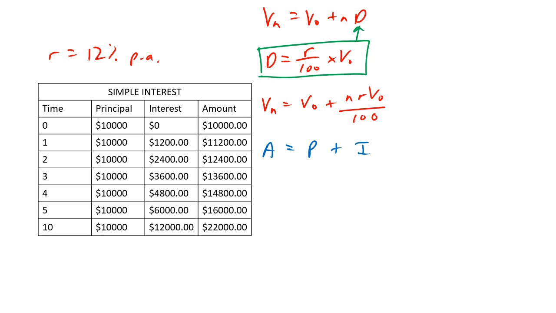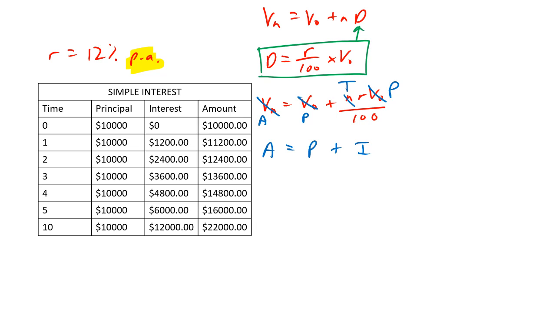So we can say Vn is A, V naught is P, and this is where it gets a bit annoying. The N is now going to be T, okay? But we've got to take into account that the interest rate, remember, is per annum over here. So to calculate that, we use N again. It's annoying. It is N.